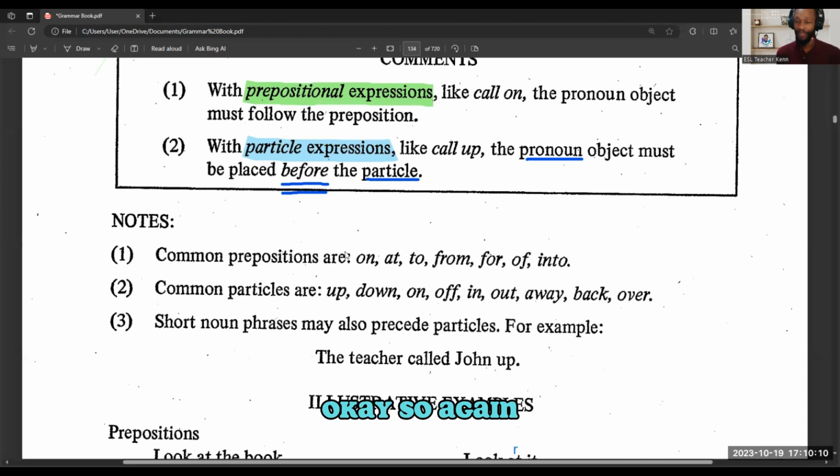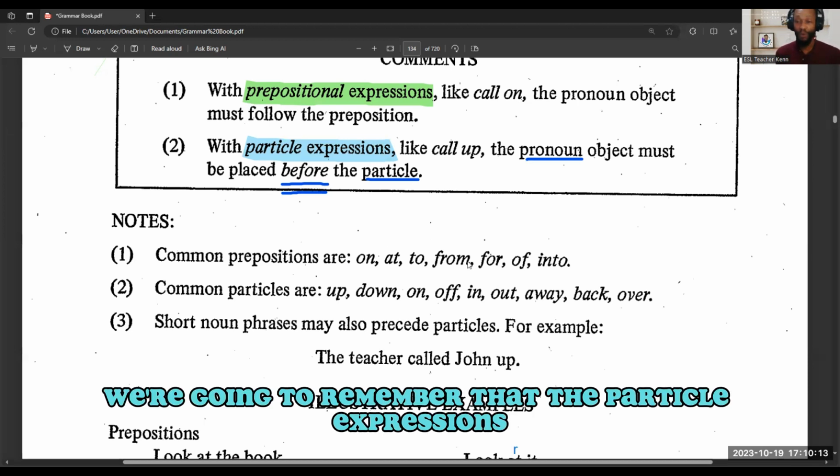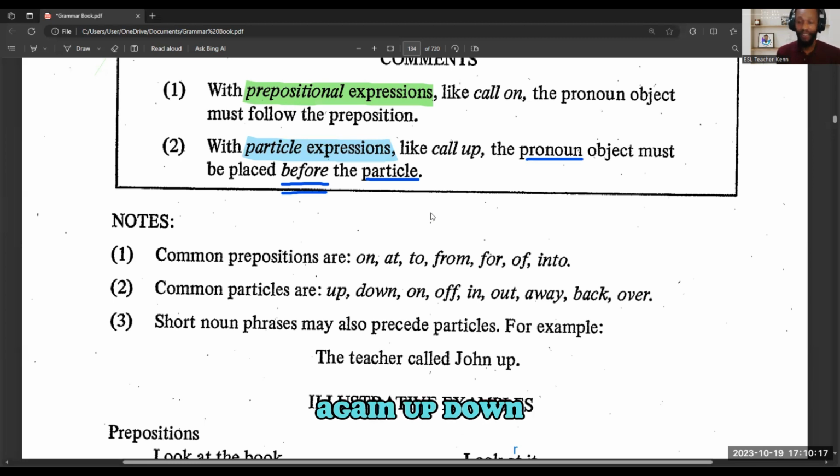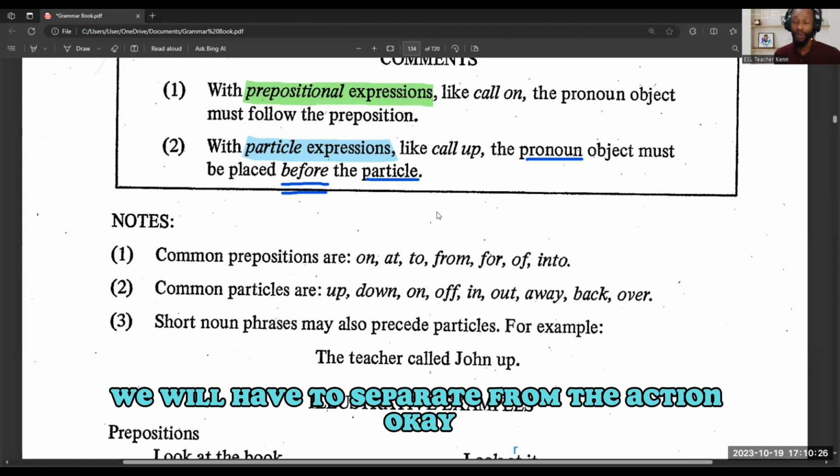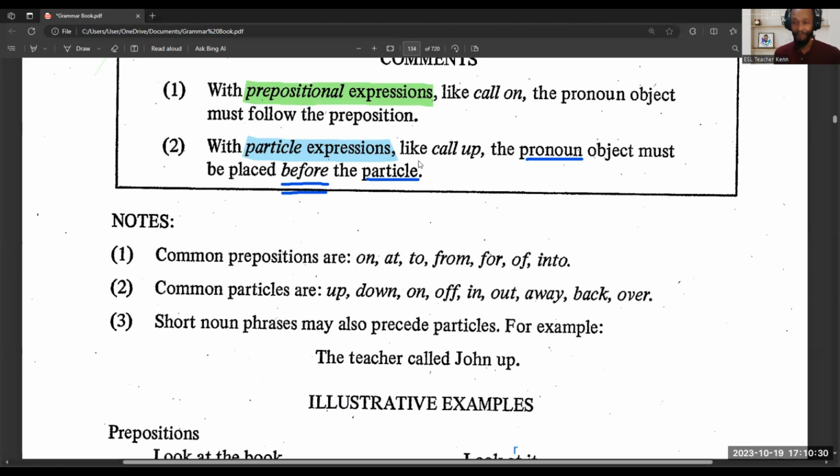So again, we're going to remember that the particle expressions, up, down, on, off, in, out, away, back, over, and those similar, we will have to separate from the action.